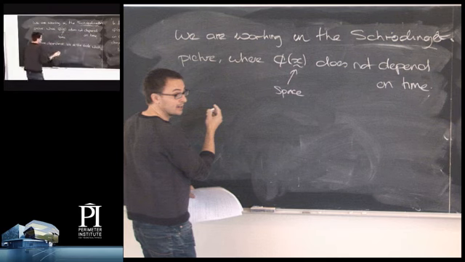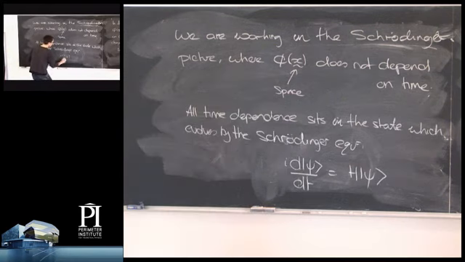And how does it evolve? Well, it just evolves by the Schrödinger equation. It's exactly the same as in quantum mechanics. So what's the Schrödinger equation? Well, it's exactly the same as you've seen 100 times.